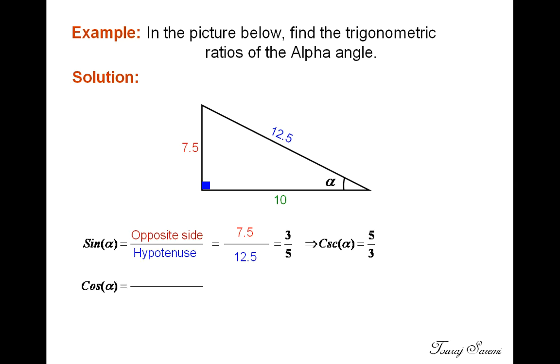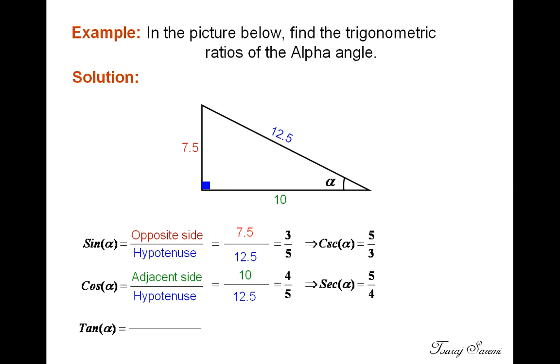The cosine of alpha is equal to adjacent side divided by hypotenuse. So the value of secant is 5/4. The tangent of alpha is opposite side divided by adjacent side. So the value of the cotangent is 4/3.